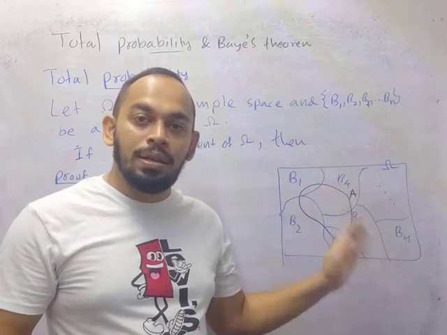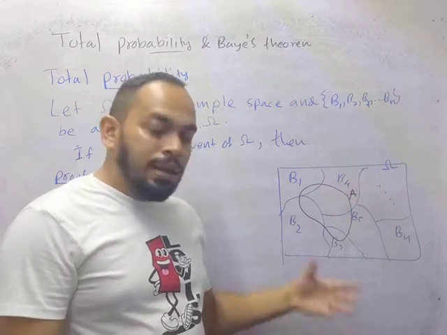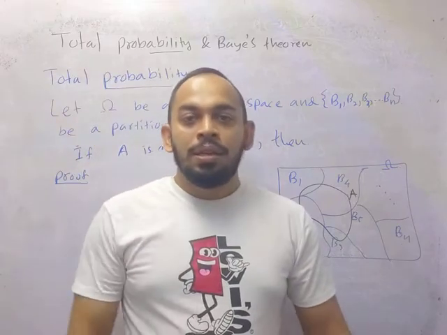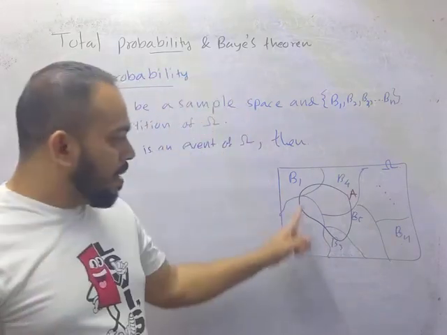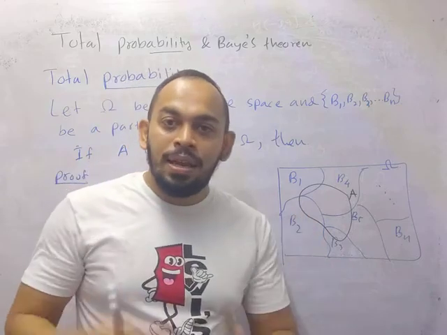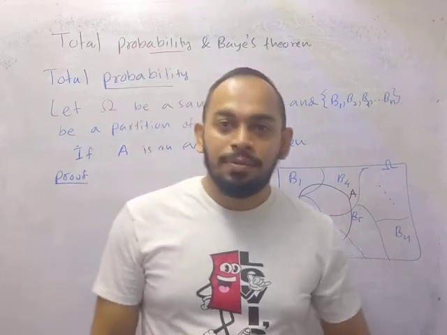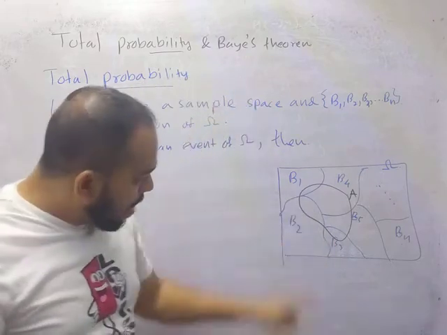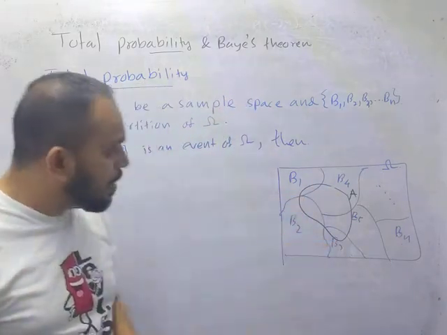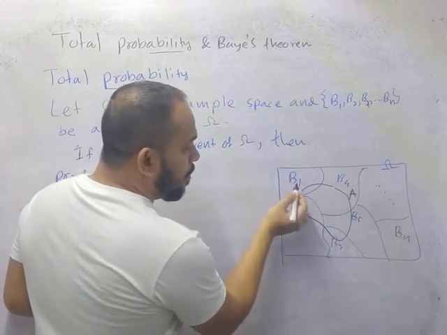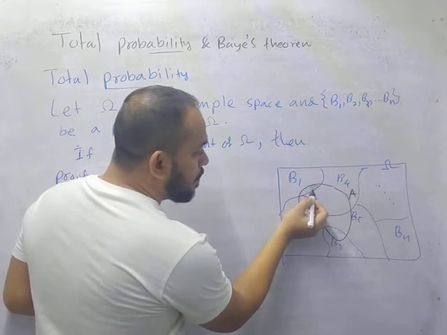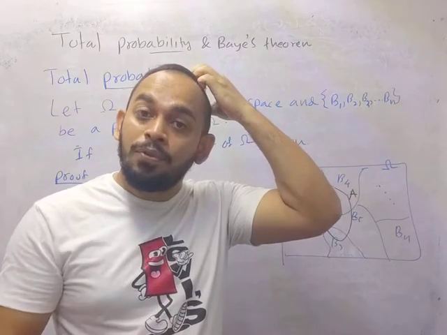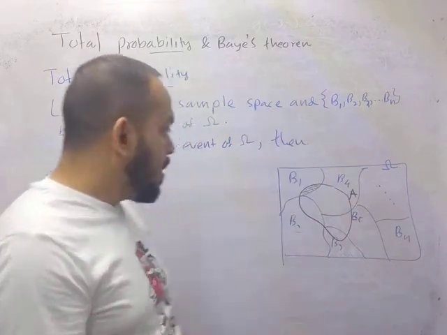Then the owners decide they can sell just part of their land. The buyer picks an area, and when he does, he will get a part from B1. So what does that mean?